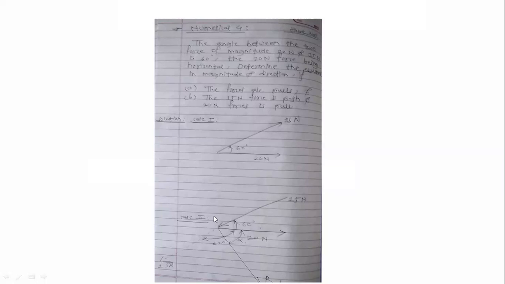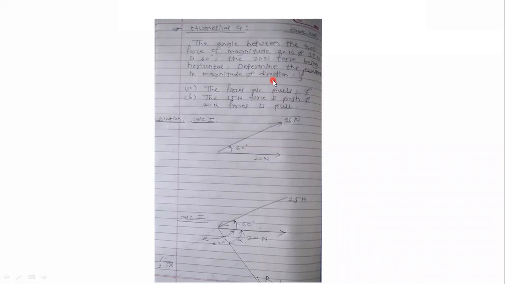First of all, I will explain this numerical: the angle between two forces of magnitude 20 Newton and 15 Newton is 60 degree. The 20 Newton force is horizontal. Determine the resultant in magnitude and direction.